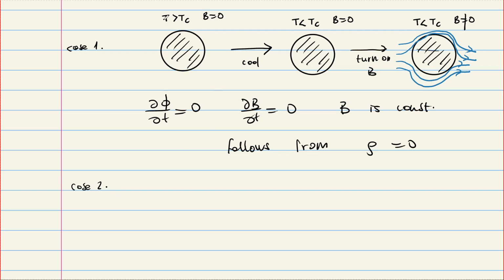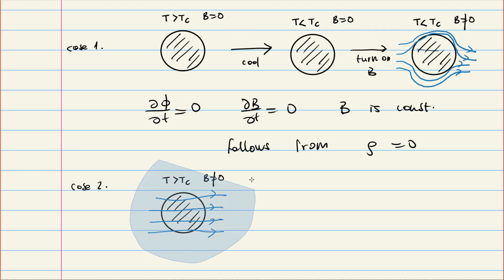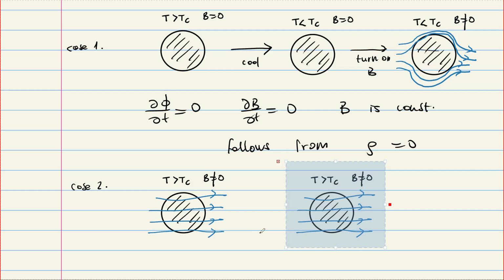So let's start with this experiment, but let's turn on the magnetic field. We start with the normal phase, but we turn on the magnetic field, and then we just go to the superconducting phase.